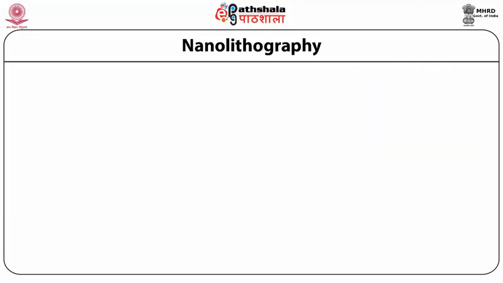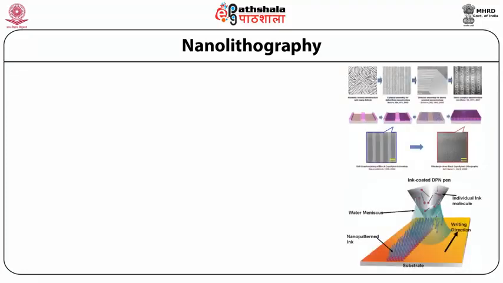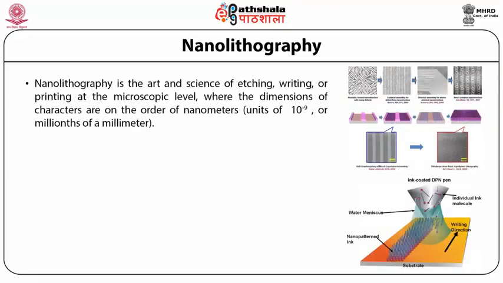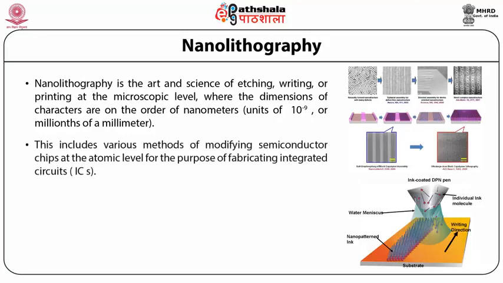The next nanotechnology product is nanolithography. Nanolithography is the art and the science of etching, writing, or printing at the microscopic level, where the dimensions of characters are on the order of nanometers. These include various methods of modifying semiconductor chips at the atomic level for the purpose of fabricating integrated circuits.